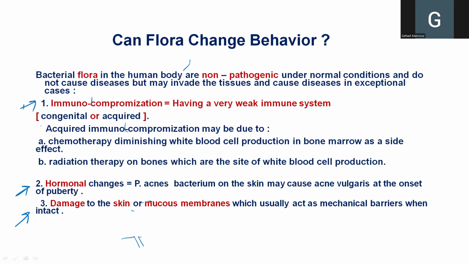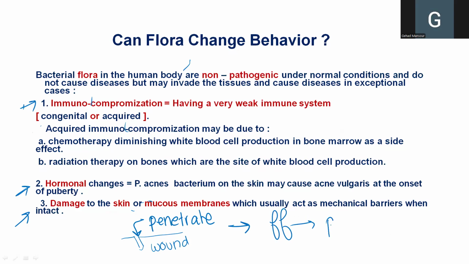When you have an injury in the skin, like a wound in the skin, why does this favor the flora or encourage the flora to change their behavior? Because you are just helping them to penetrate through this wound. So you're facilitating the fact that friendly flora would be converted into a pathogen.